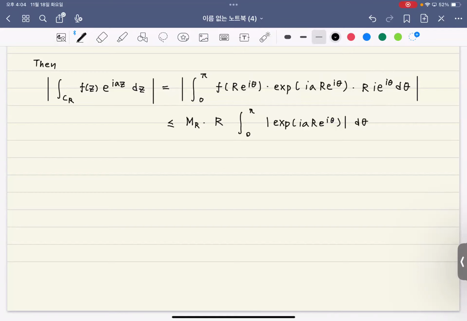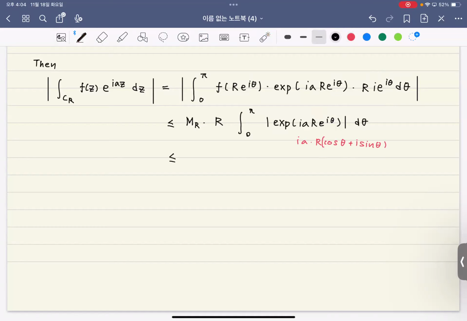And what is this? This is i times a times r times cosine theta plus i sine theta. Since we are talking about its modulus, the imaginary part of this guy doesn't matter.